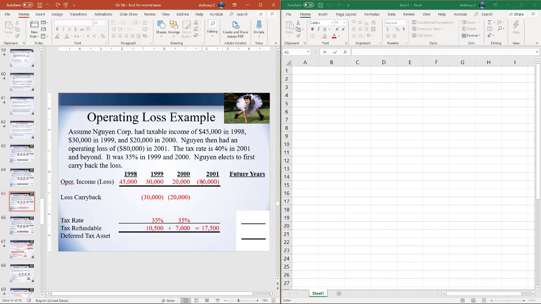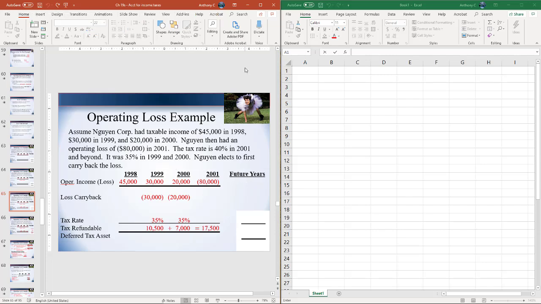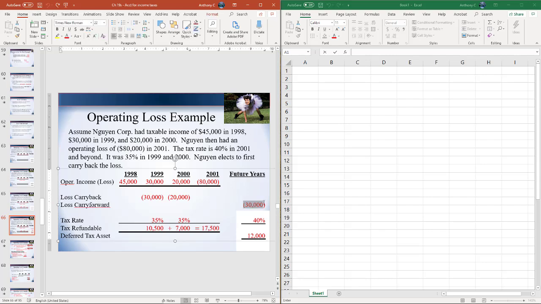So for the carryback, they've offset $50,000 of the $80,000 of loss. So the other $30,000 of loss, they can carry forward up to 20 years. All right, so they have a loss carry forward here of $30,000.